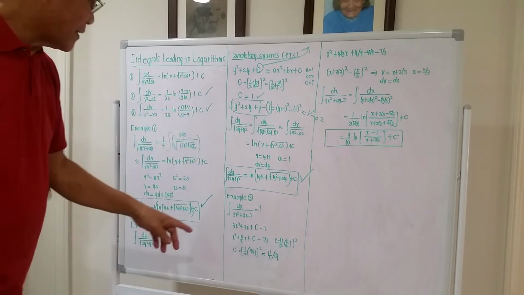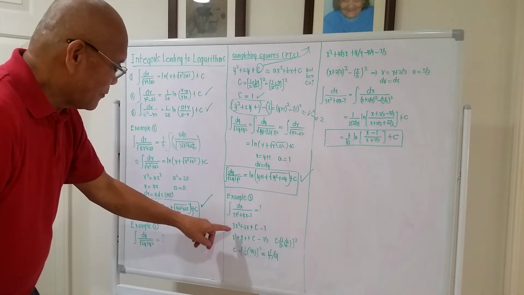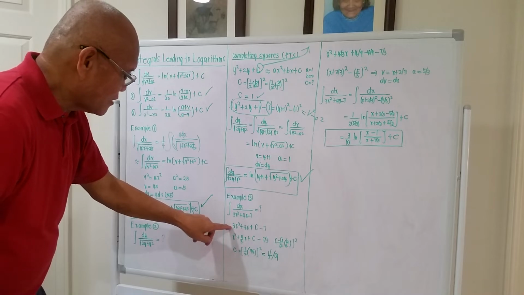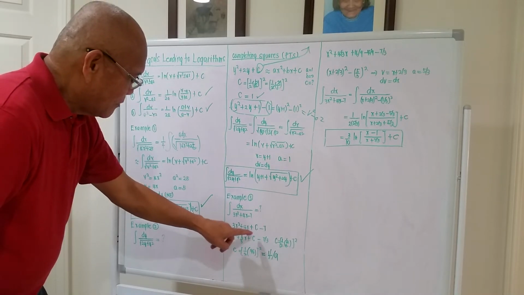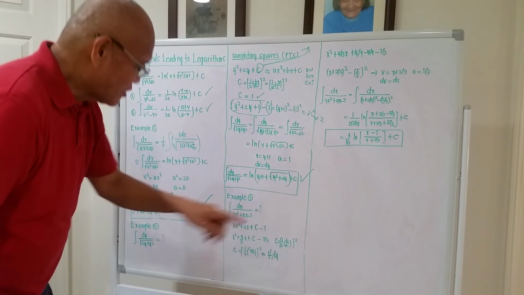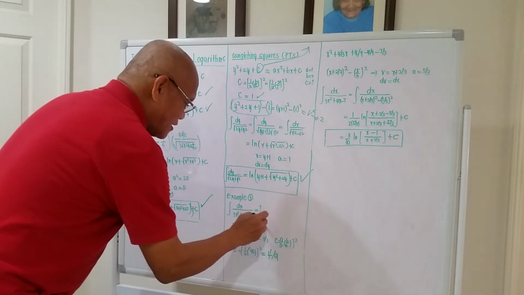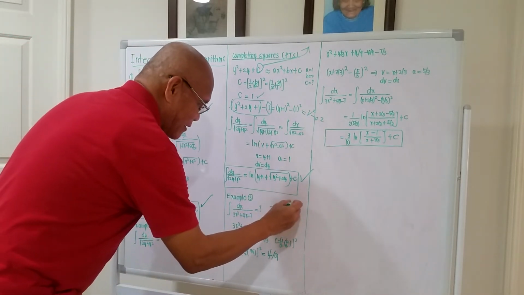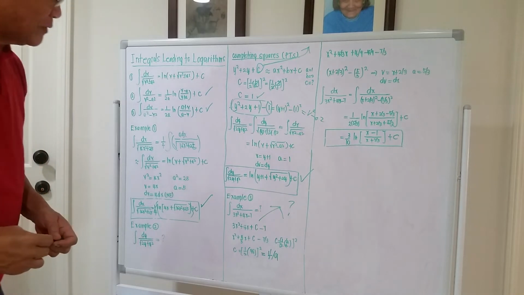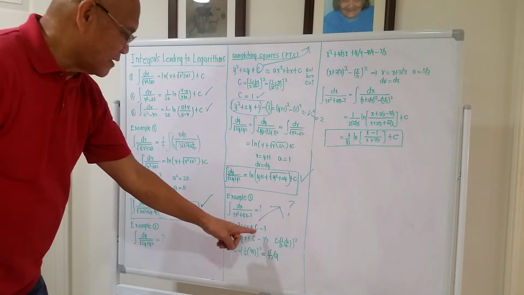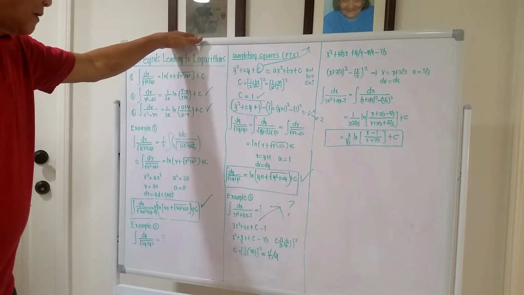Okay, we will rewrite the given denominator as 3x squared plus 4x plus c minus 7. This c here is the one we are looking for, so I put that for the meantime as simply c. Okay?